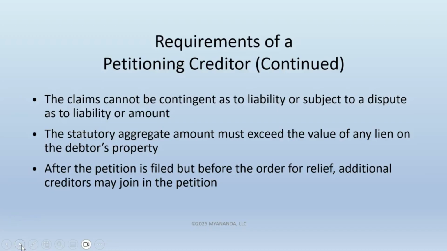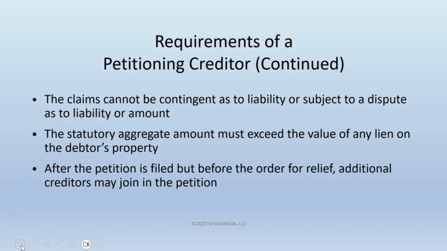Requirements of the creditor to petition. Claims cannot be contingent as to liability or subject to a dispute as to liability or amount. So they have to be undisputed claims that are not contingent. The statutory aggregate amount must exceed the value of any lien on the debtor's property.